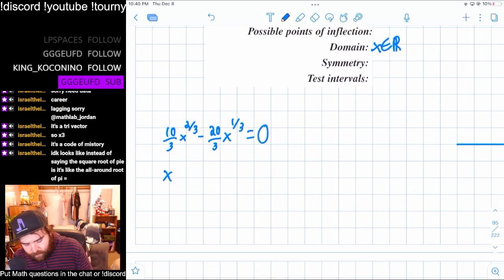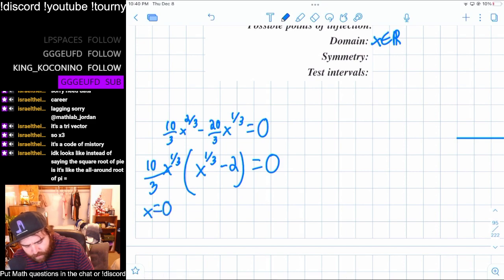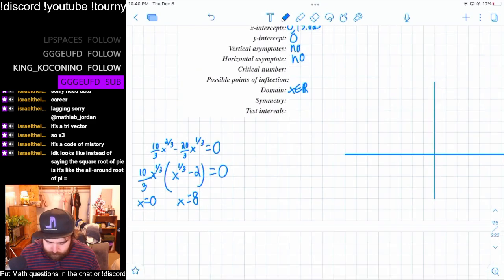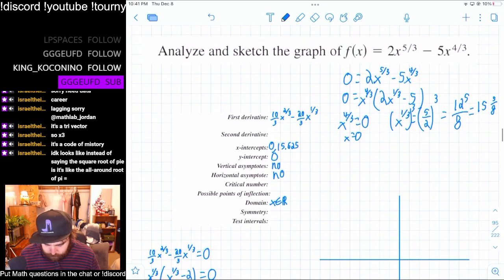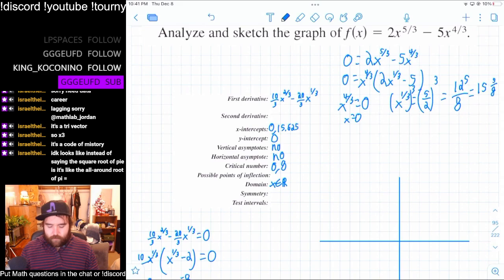So if I factor out 10/3 x to the 1/3, then I have x to the 1/3 minus 2 equals 0. So this is at x equals 0 and at x equals 8. So those are the critical numbers, 0 and 8.